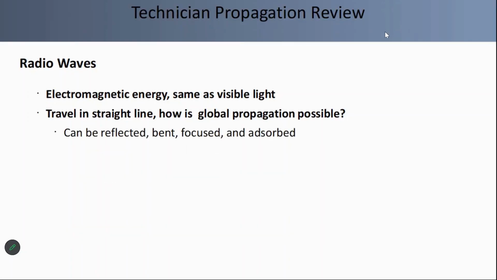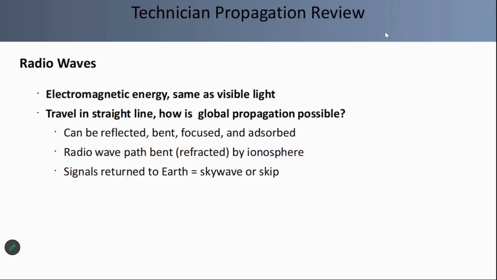Well, just like light, electromagnetic waves in the RF spectrum can be reflected, bent, focused, or absorbed. What does that mean? What we'll be discussing tonight is that the radio wave path is actually bent, or refracted, by layers in the ionosphere. We'll talk more about what that is in a bit.